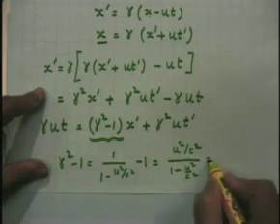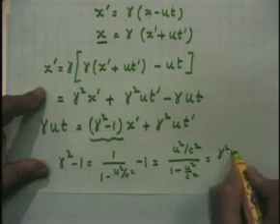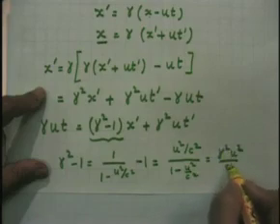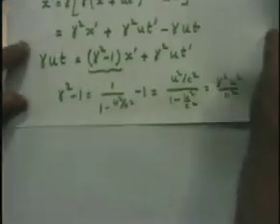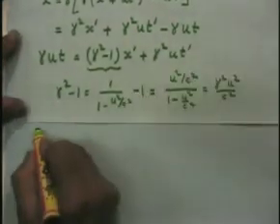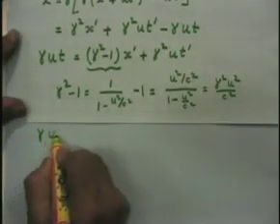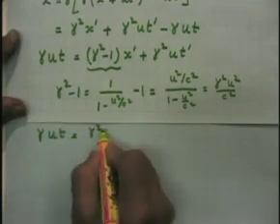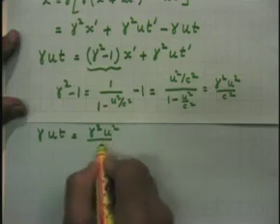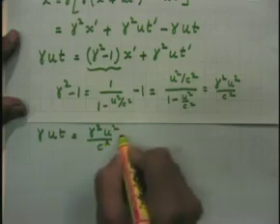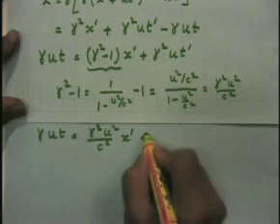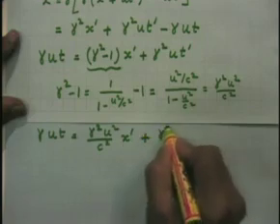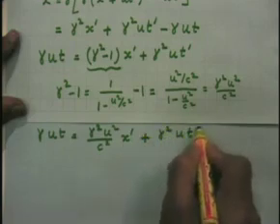So, this is equal to gamma squared u squared by c squared. Therefore, you will have gamma u t is equal to gamma squared u squared by c squared x prime plus gamma squared u t prime.